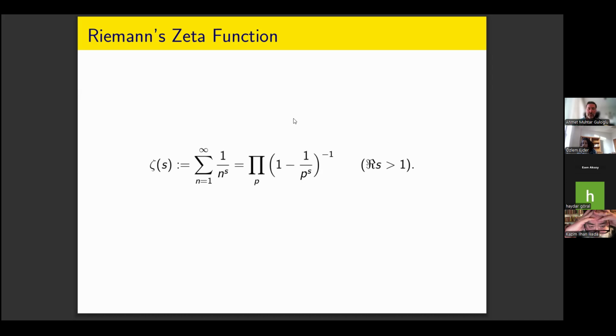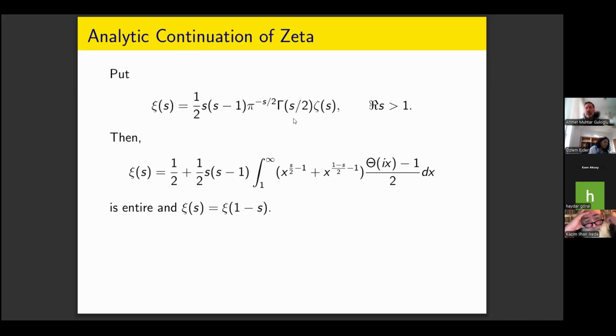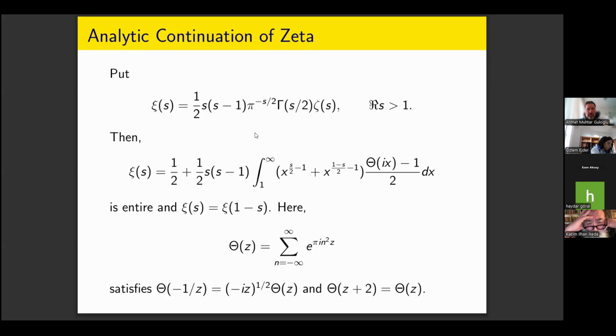Because this is not zero, and because of the functional equation, this is not zero to the right of one and to the left of zero. Therefore, the zeros should be between real s equals zero and real s equals one. That's called the critical strip.